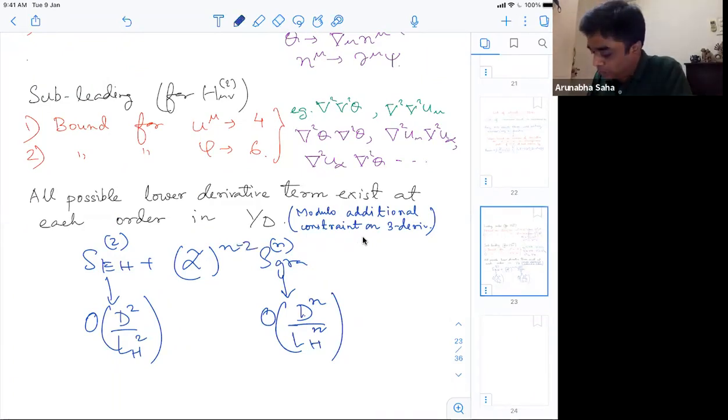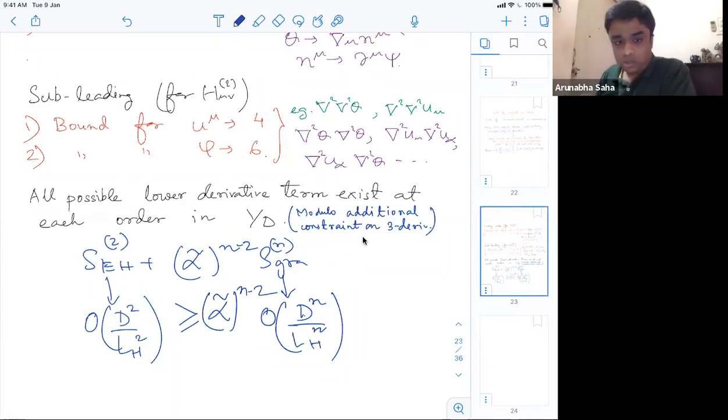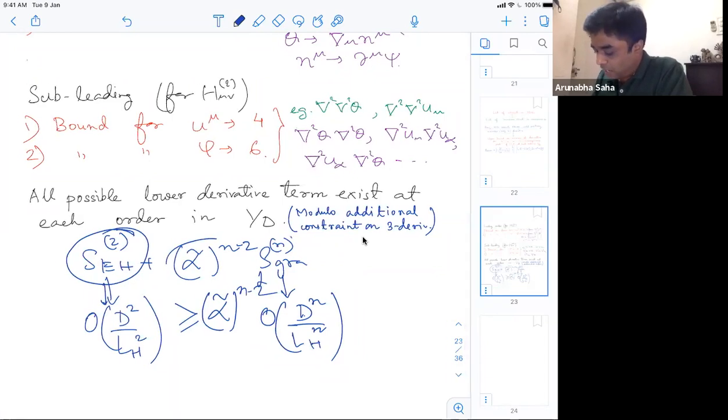So this should be greater than or equal to alpha tilde to the power n minus 2. So from this, you can see that I just demanded that the leading order contribution to the Einstein equation was this, and leading order contribution 1 over d was this. So simply from the fact that the left hand side should dominate over the right hand side, I arrive at the constraint that alpha tilde by LH should be less than or equal to order 1 over LH.